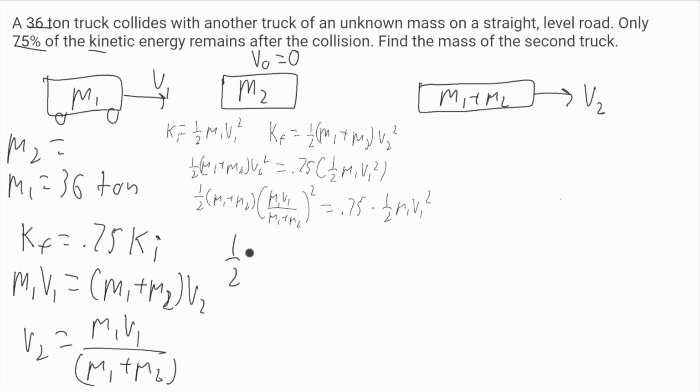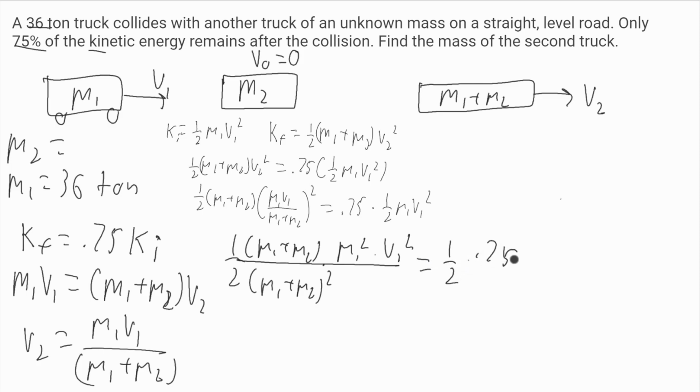I'll get 1 half times m1 plus m2 times m1 squared times v1 squared all over m1 plus m2 quantity squared. This will be equal to 1 half times 0.75 times m1 v1 squared. These 1 halves are going to cancel.